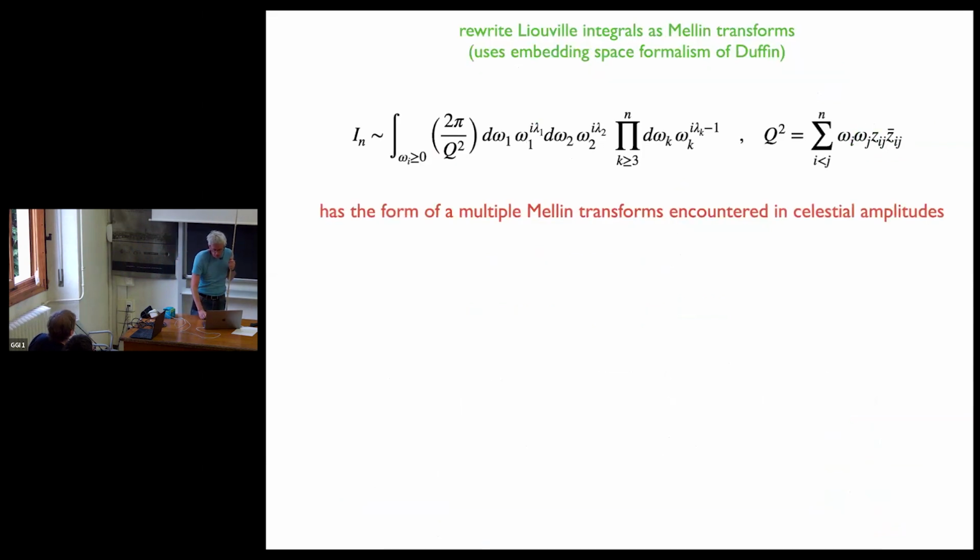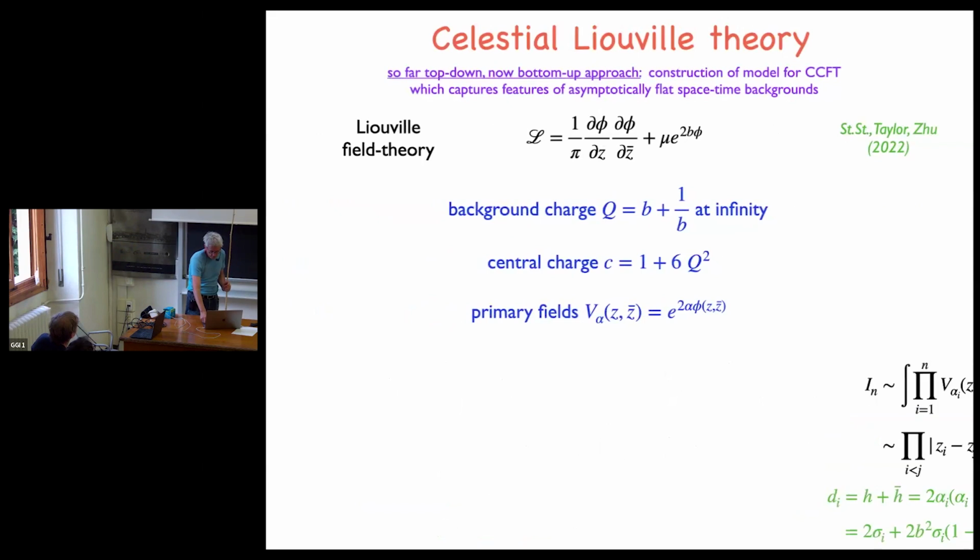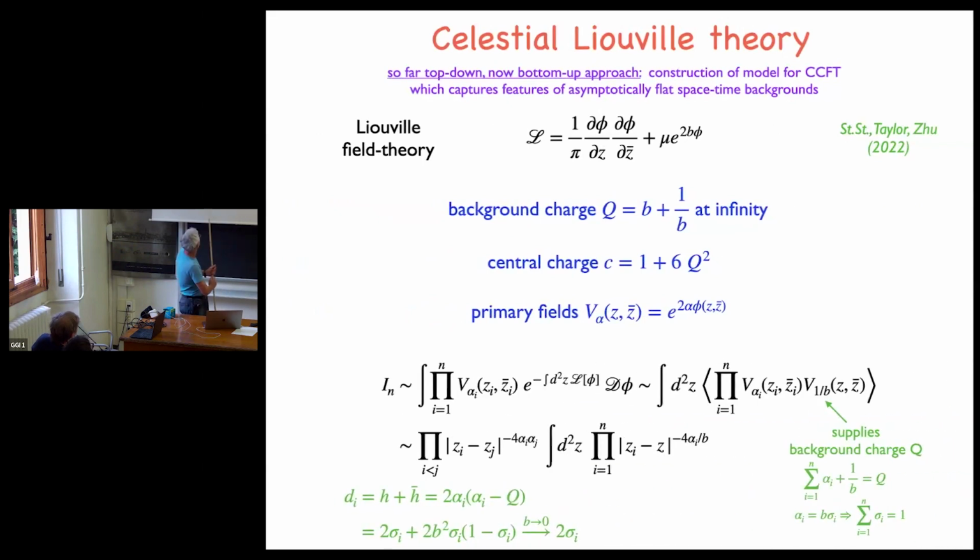Now you take it and you can rewrite it in the following form by using Dobrev's embedding formalism. You can write it in terms of this integral, which already looks like a multiple Mellin transform, known from celestial amplitudes. Okay, this is just an identity. This integral I showed you before, after some tedious computations.